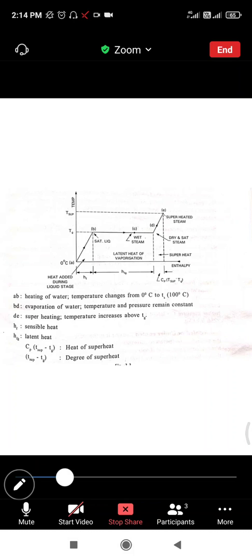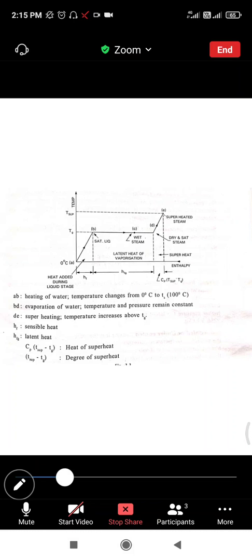It is the temperature at which water starts boiling, and the supply of heat at this temperature causes evaporation until all the water has been converted into steam. Saturation temperature depends upon the pressure.